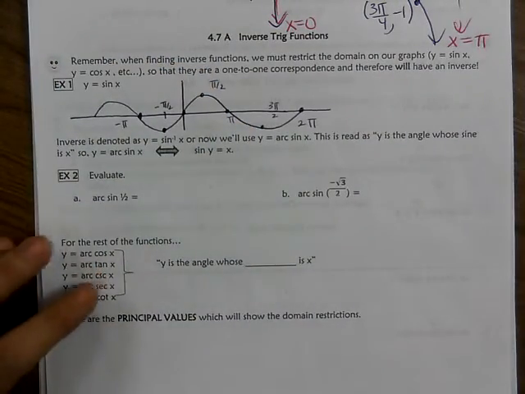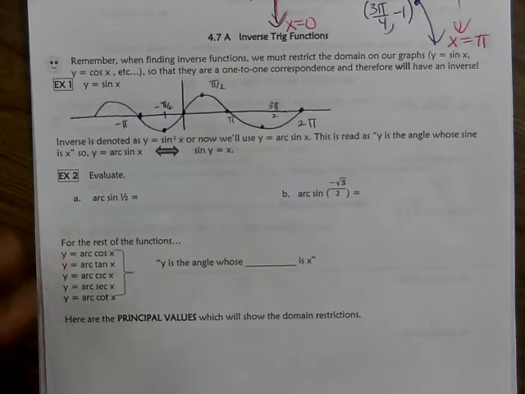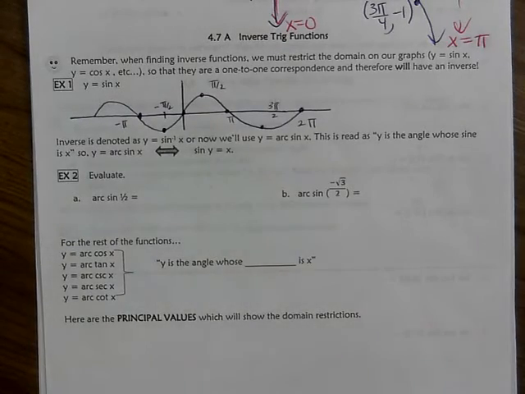Okay, so now looking at this, is this function 1-to-1? So will it have an inverse? If you were to draw a horizontal line, it would only touch at one point? No, right? The only way to get an inverse is to have this 1-to-1 correspondence. So when you draw that horizontal line, it can only touch at the one point.